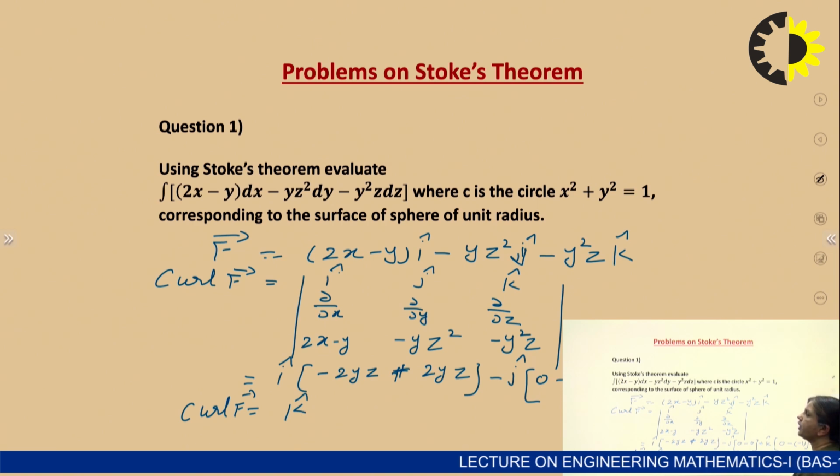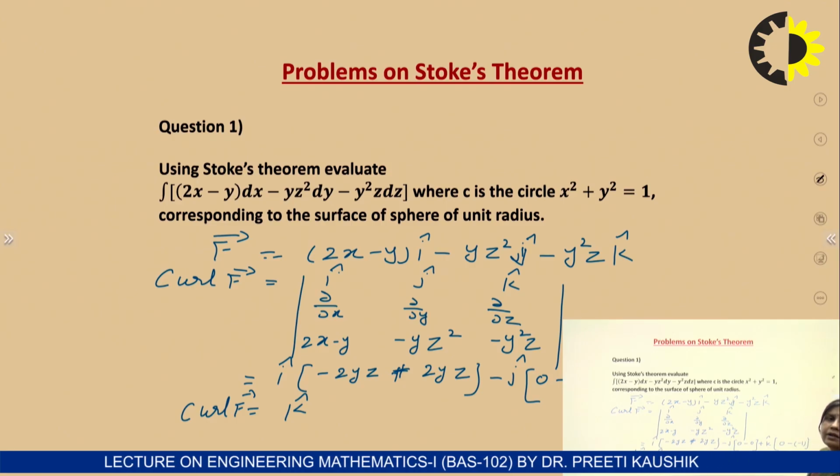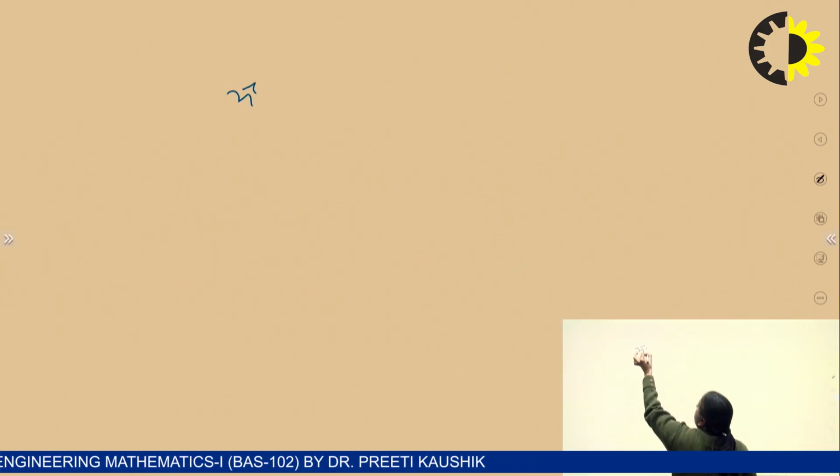Now we have to find the unit normal vector to the circle x square plus y square equal to 1, which is the unit circle in the xy plane. In the xy plane, the unit normal vector obviously becomes k cap. So in this question, n cap will be k cap.